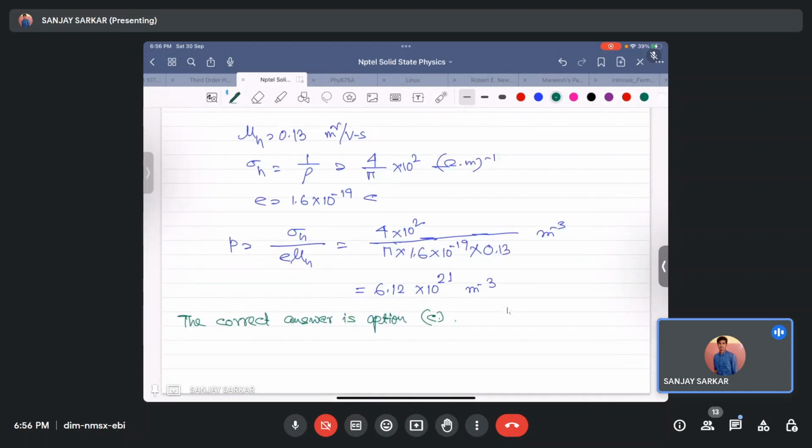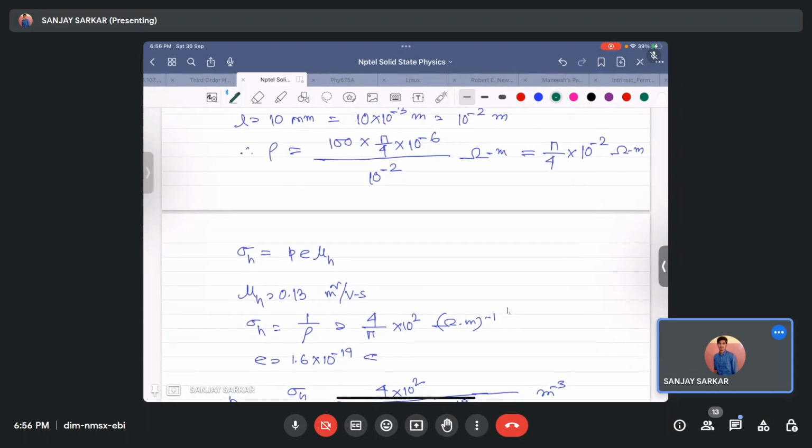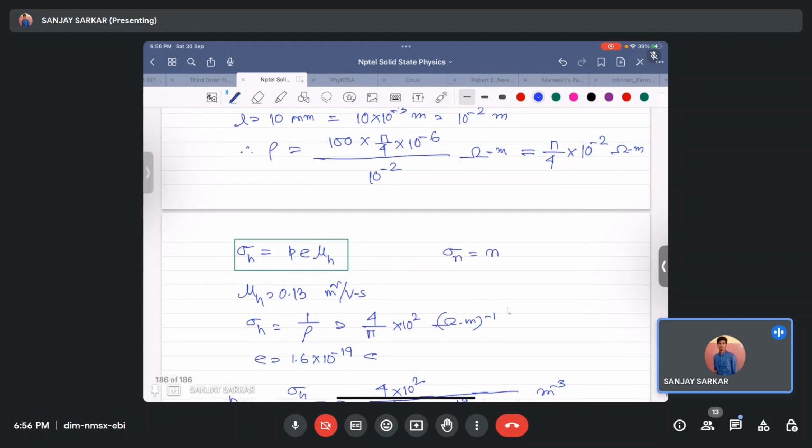Is it clear how I calculated it? So this is the formula for conductivity coming from the holes. Similarly, you can calculate the conductivity coming from the electron concentration, which is n e into mu n.